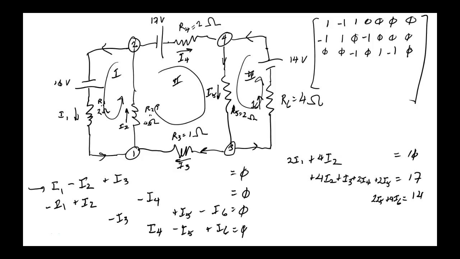Okay. The last equation, or row, will be 0I1, 0I2, 0I3, 1, minus 1, 1, and 0. Okay, let's just set up the next three quickly. And rather than write 2, 4, and 10, let's make that 1, 2, and 5. Is that okay? So that will be a 1 here, a 2 there, a 0, 0, 0, 0, and a 5.